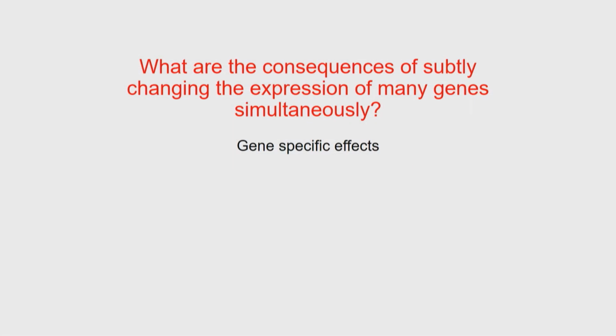So the first answer to this question is a very intuitive answer, which we call gene-specific effects. What does that mean? A gene-specific effect means that when you change the dosage of a gene, it will have consequences for the cell. You make more of it, you make less of it, the pathway may be working better now or might be working worse.